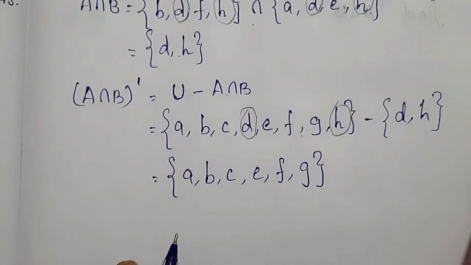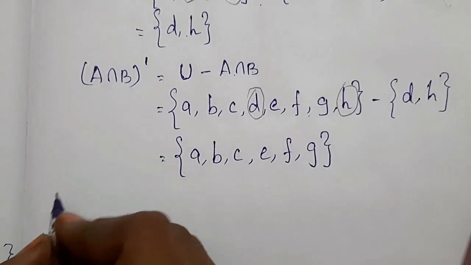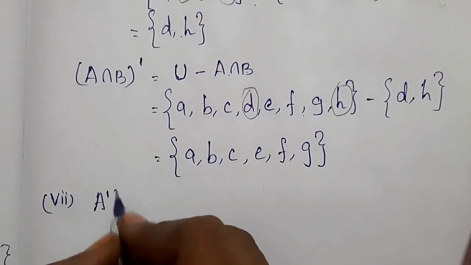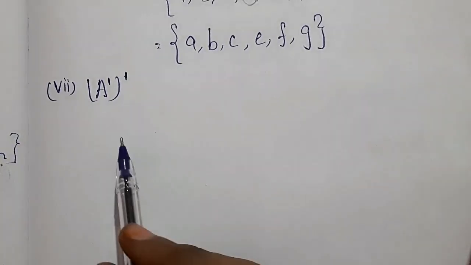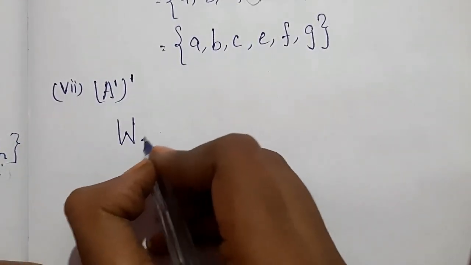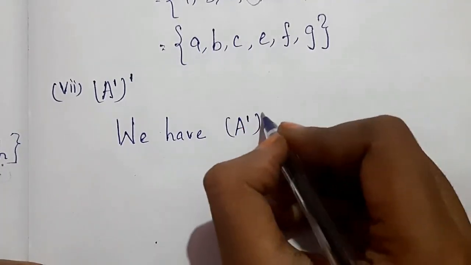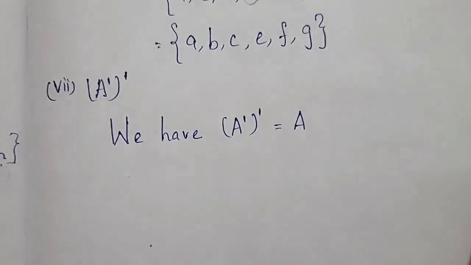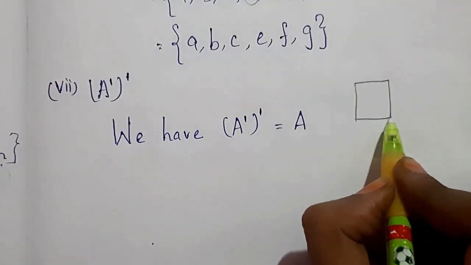So your last, not seventh, part is A complement, the whole complement. If you use the elements you will also get the answer, but we have a note. A complement, the whole complement, equals the set A. See, this is the universal set.